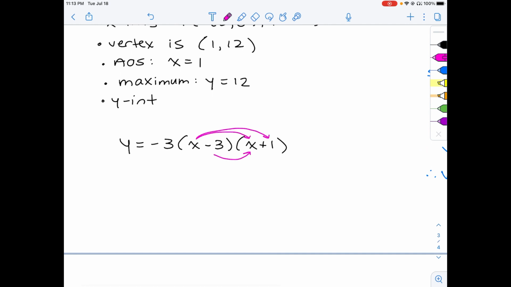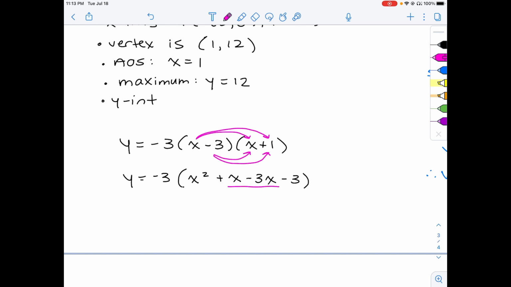And you can show those arcs there if it helps you. Okay, so I'll have y equals -3 bracket, okay, because I need to multiply the -3 after. X times x is x squared. X times 1 is just x. -3 times x is -3x. And -3 times 1 is -3.